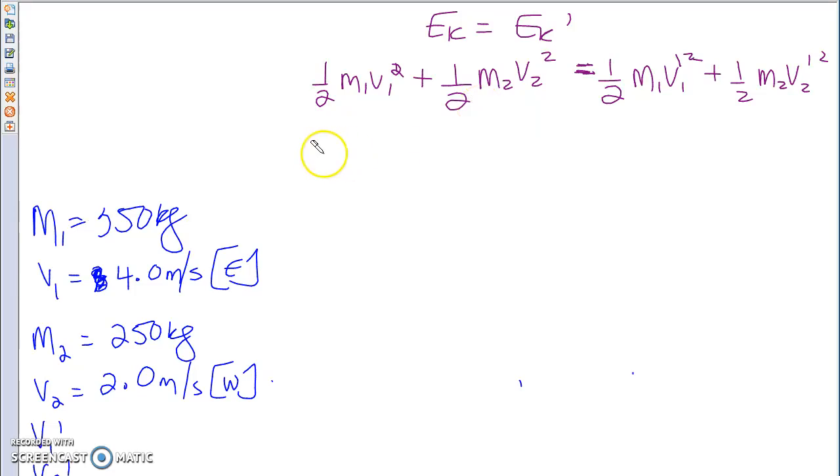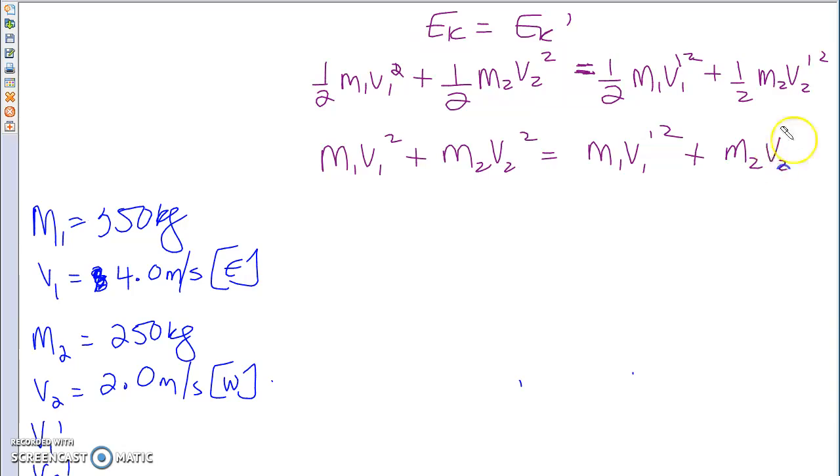Multiplied by 2, you end up with M1 V1 squared plus M2 V2 squared, which equals M1 V1 prime squared plus M2 V2 prime squared.